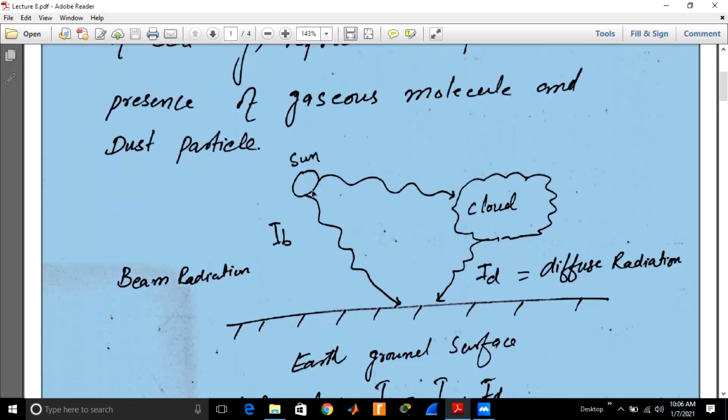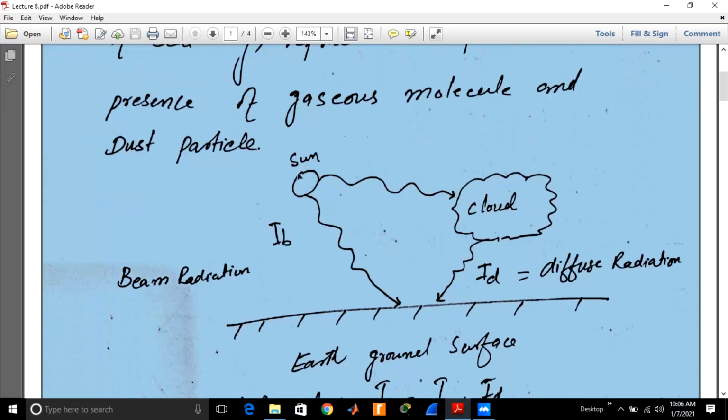The radiation that comes directly from sun to earth is called beam radiation, and the radiation that comes toward the earth after hitting some other particle or cloud and then being scattered toward the earth is called diffuse radiation.